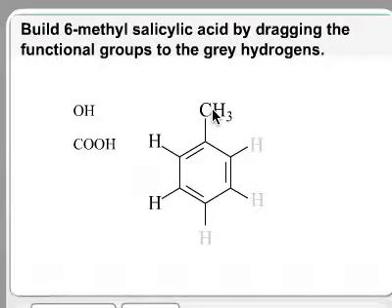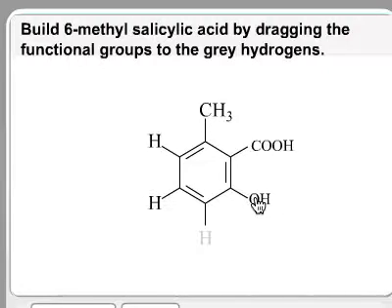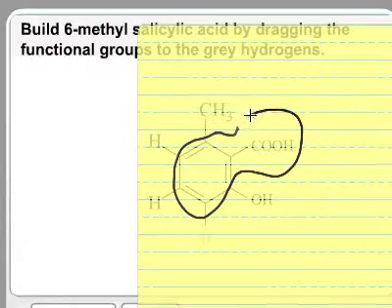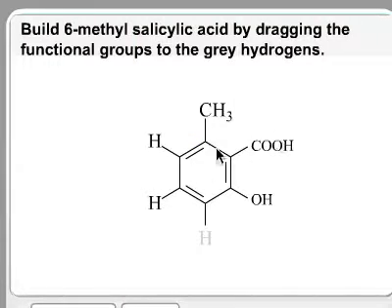So it's position 6. Salicylic acid is when these two functional groups are next to one another. So 1, 2, 3, 4, 5, 6. Salicylic acid is benzoic acid, which it would be this right here. So we're changing which benzene derivative. Okay, that's benzoic acid. You put another OH on it, makes it salicylic acid, and then methyl group at position 6. Yay! This is one of the ingredients for making aspirin.